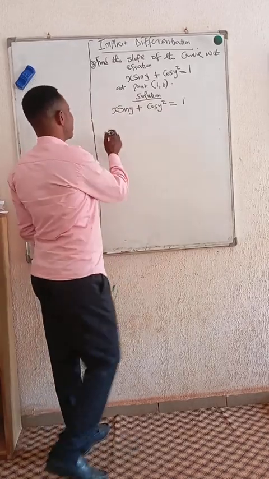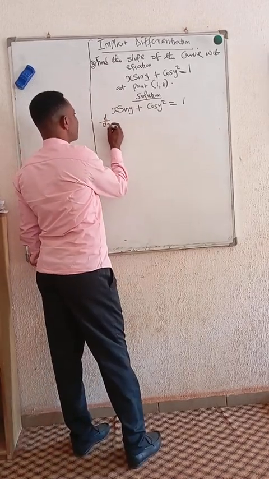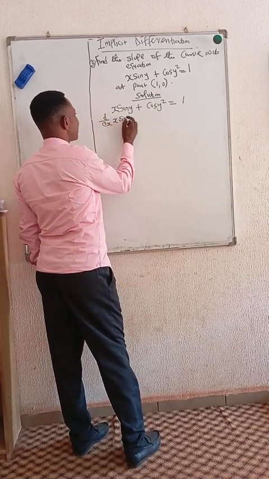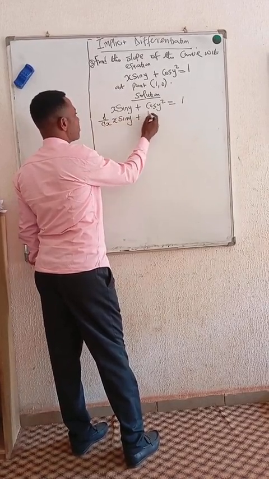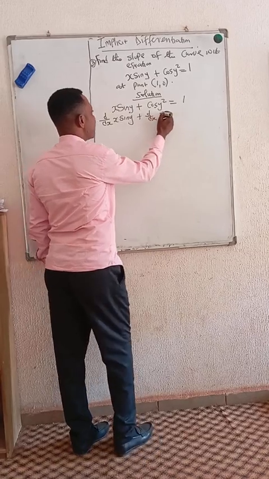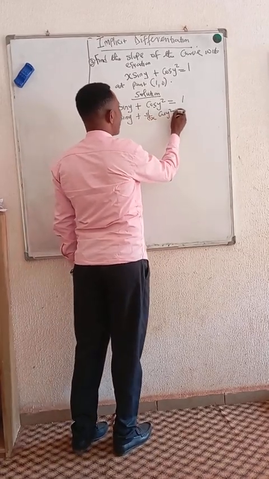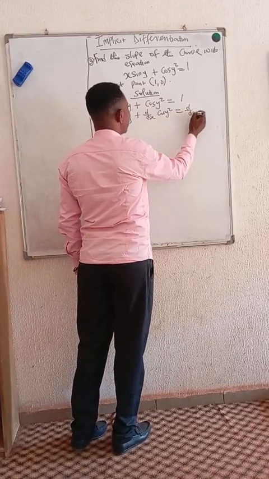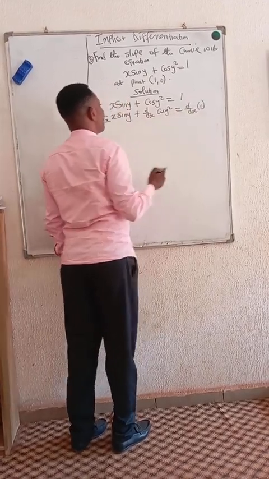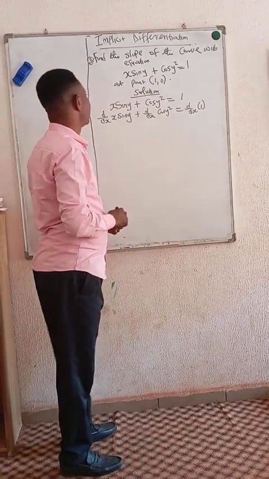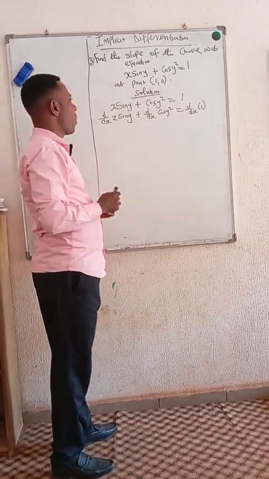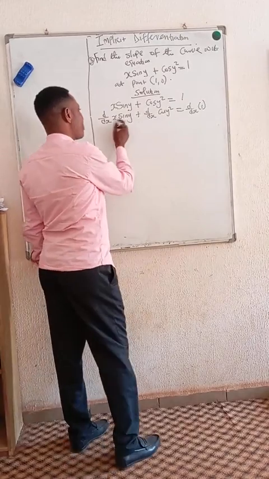Now, let me try this way. d/dx of x sin y plus d/dx of cos y² equals d/dx of 1. That is the first step. Now, this is x sin y, so we'll be using the product rule.